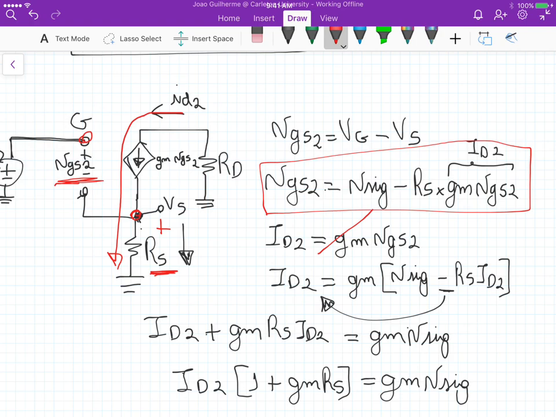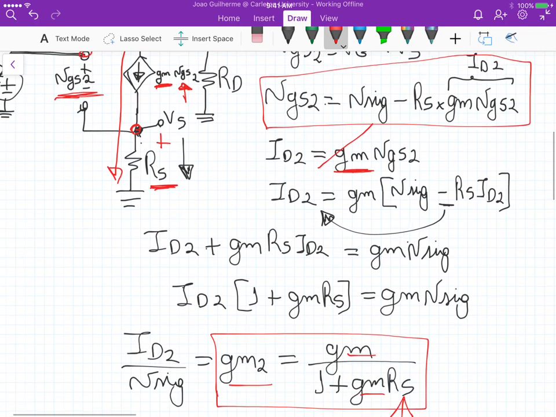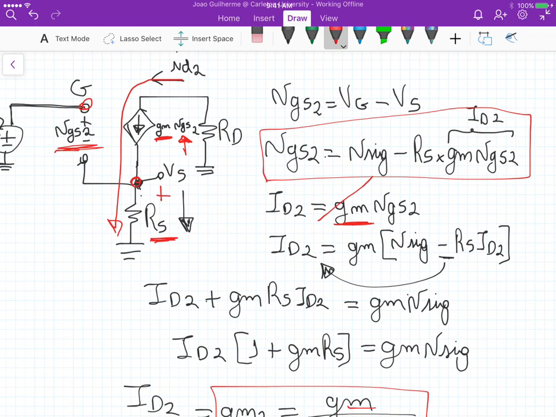Now, we know that gm didn't change; it stays the same. What changes is VGS2 in this analysis. So we wrote that ID2, this new current, is gm times VGS2.